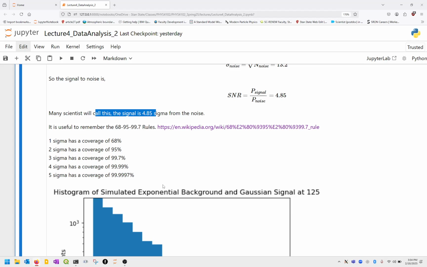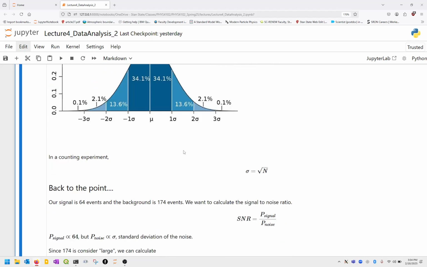If you are 1 sigma away from your noise, you have a 68% chance of being certain that you actually saw something real. If you're 2 sigma away, it goes up to 95%, because in this little distribution, the further away from the center you are, the less chance that it is just random noise making those data for you.